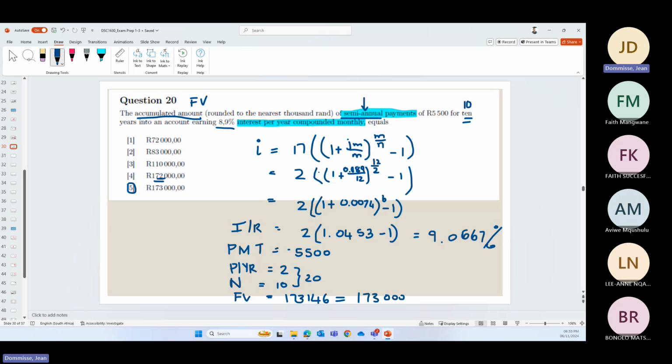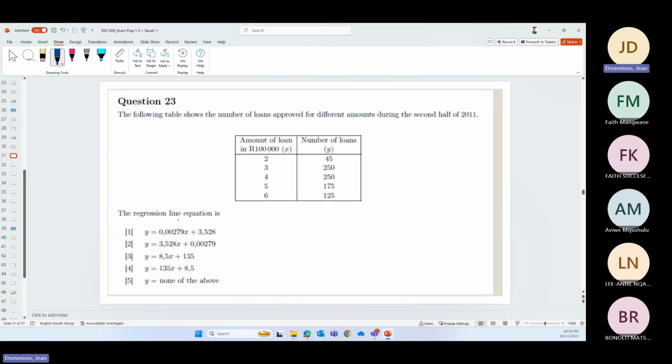Okay, so let's go to the next one. So the next question, let's see if there's any link. Okay, so no, this is stats. So we will need to work out a regression line.